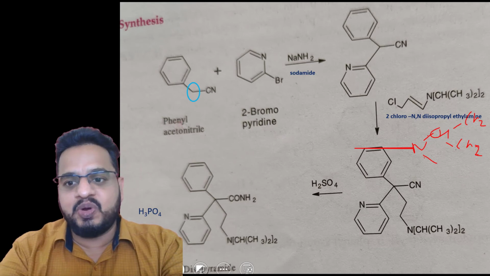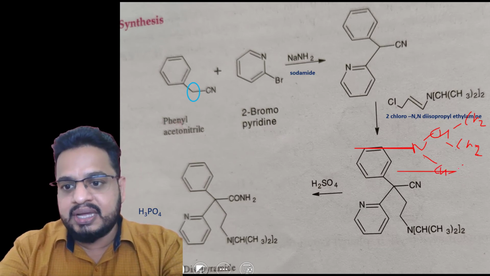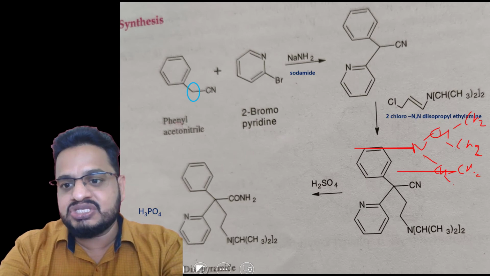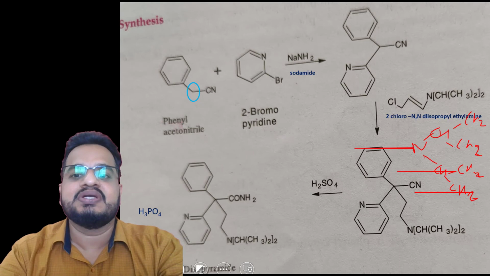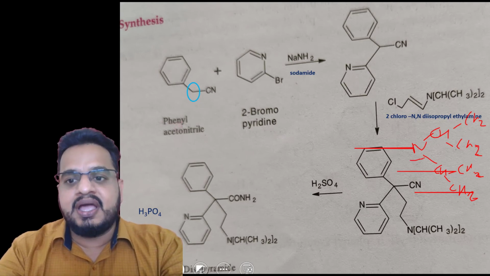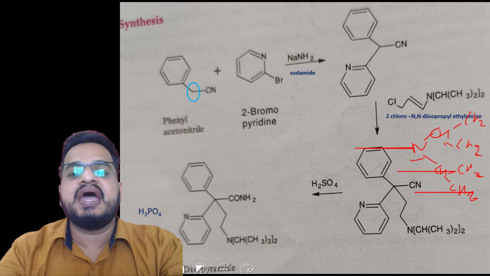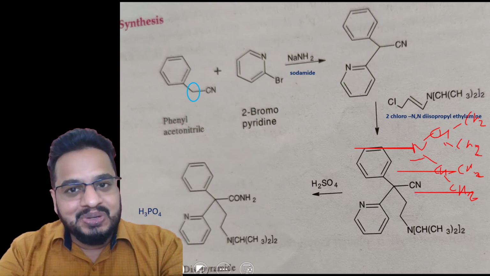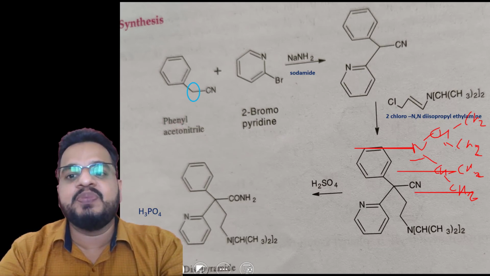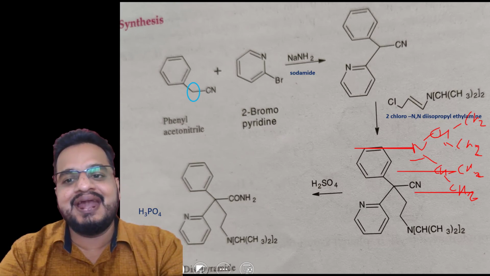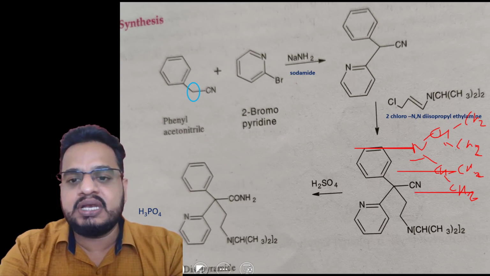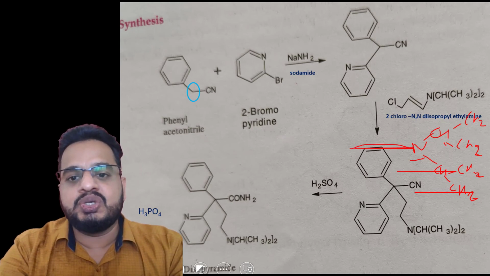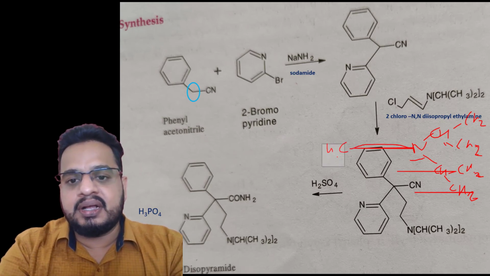So N-isopropyl, and this side also N-isopropyl, CH, CH2. Please understand, CH2, CH2. So to this nitrogen, two isopropyl groups are attached. When two isopropyl groups are attached, then what would it be? This is the N,N-diisopropyl. And this nitrogen is going to attach to your ethylamine.